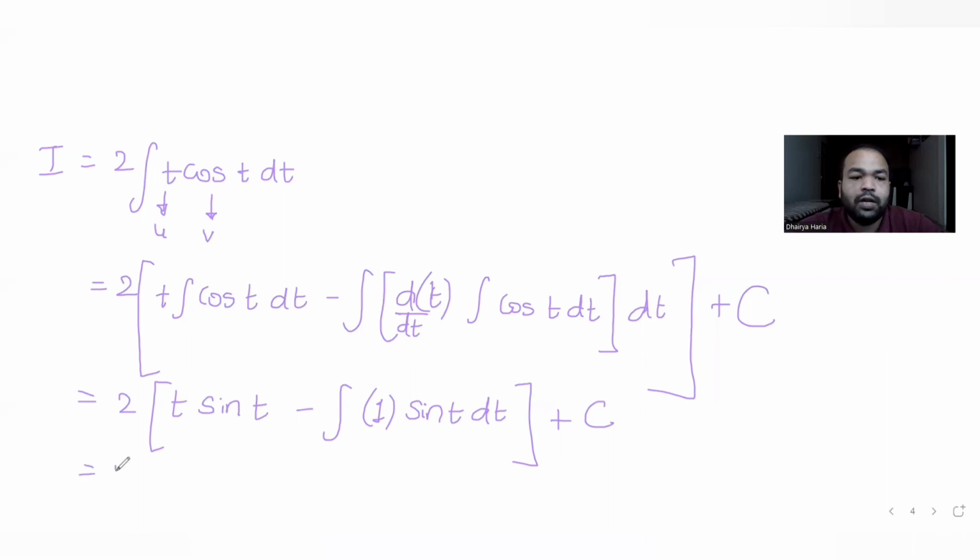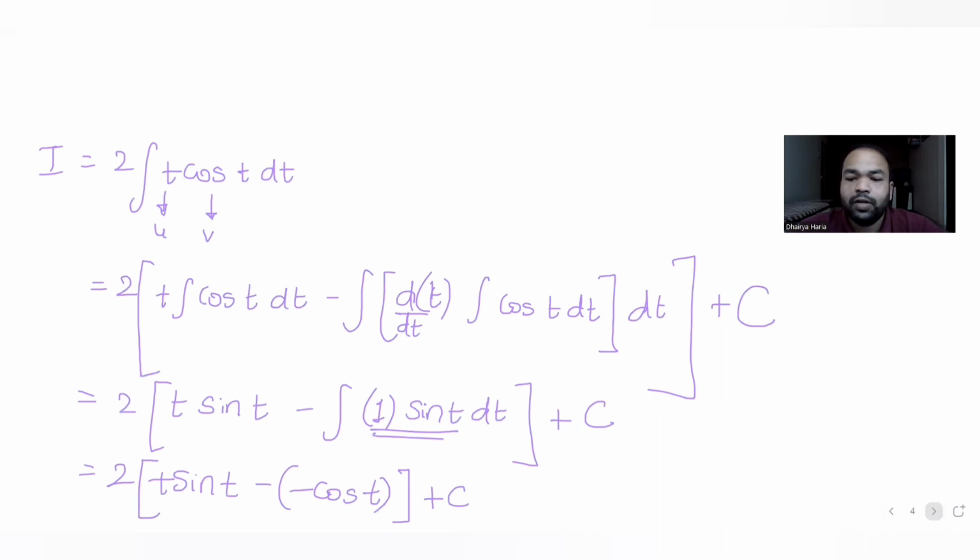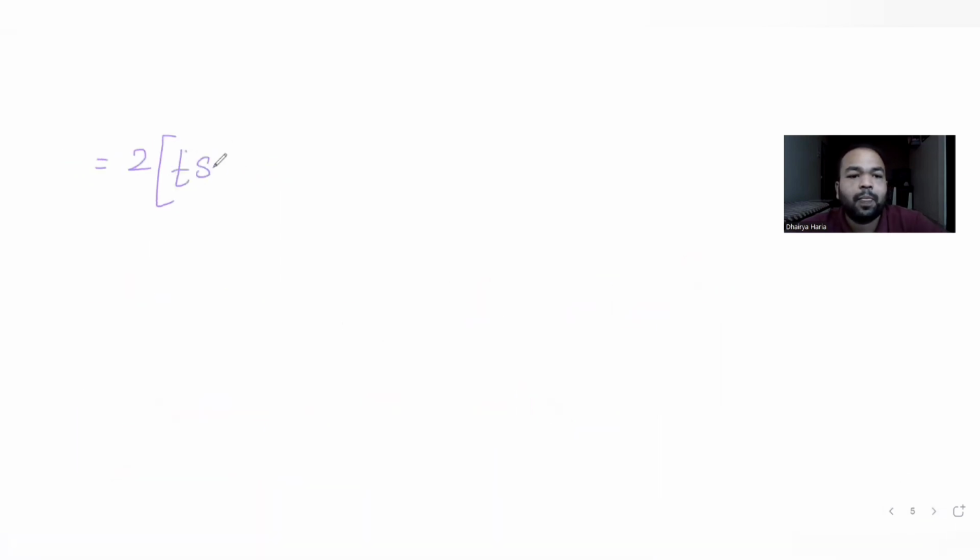If I do that integral, you get t sin t minus the integral of 1 into sin t, which is nothing but the integral of sin t, and the integral of sin t we already know is minus cos t, plus c. So your answer becomes 2 times t sin t plus cos t plus c.